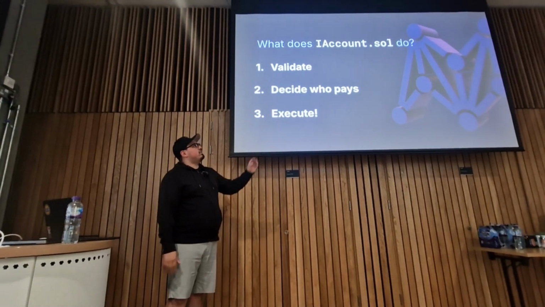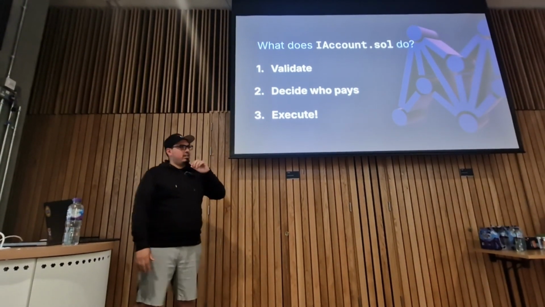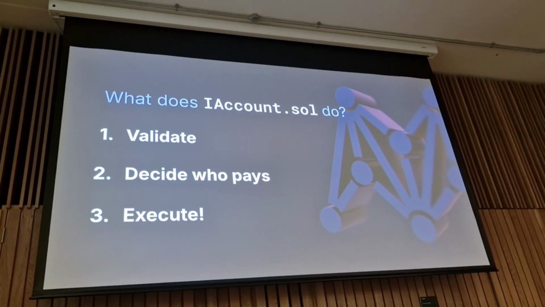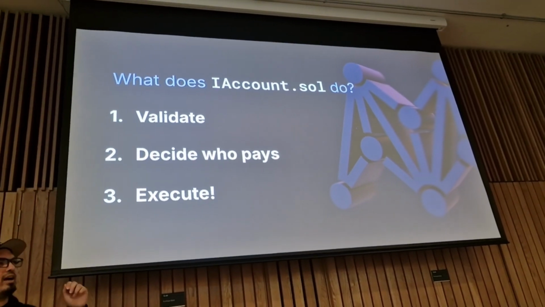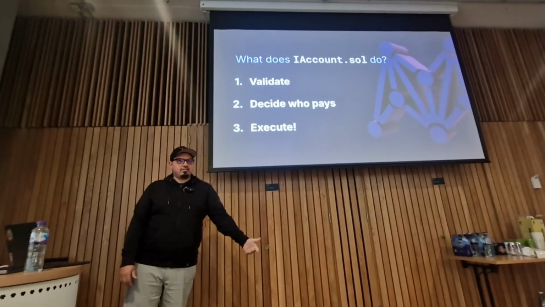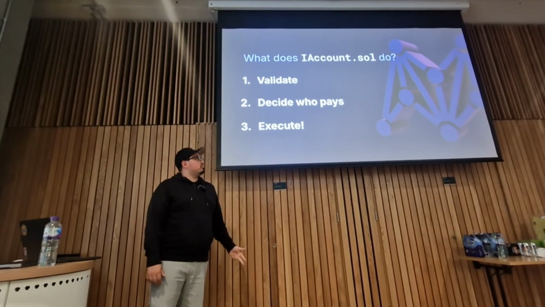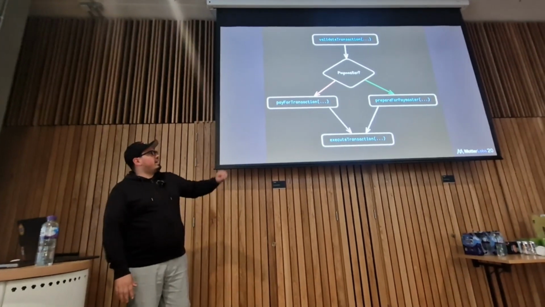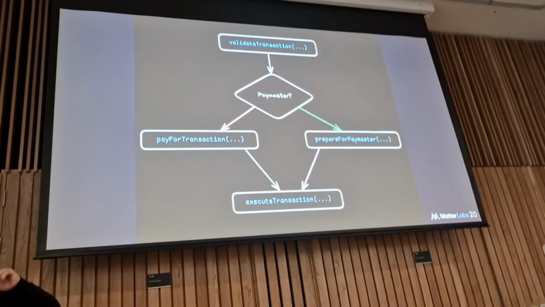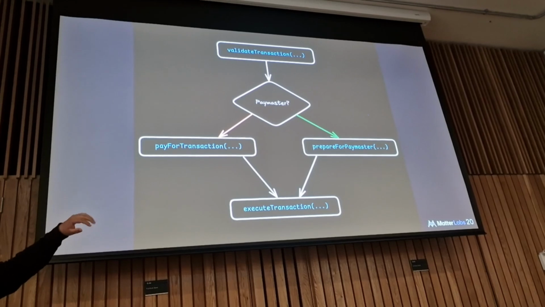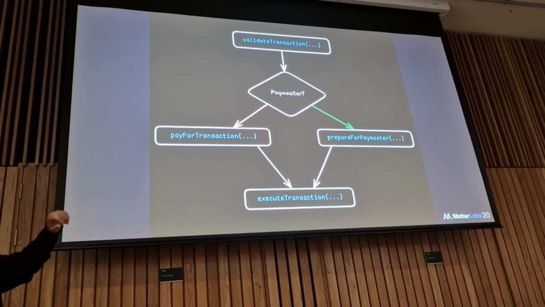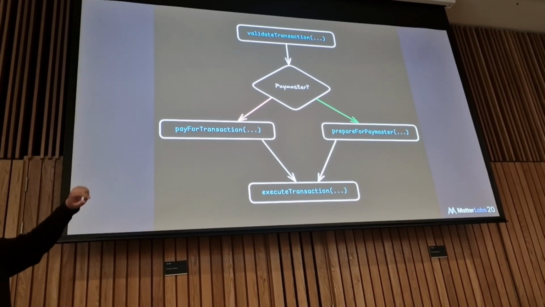So, what does this magical interface do? It's basically three things. It validates transactions. It then decides who's going to pay for that transaction, and then it will execute that transaction. And looking at some pseudocode, these are the method signatures inside of that interface, which is you validate transaction.